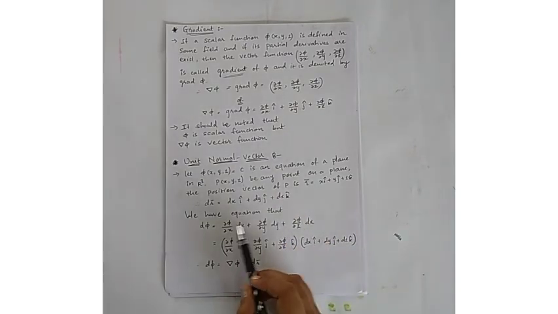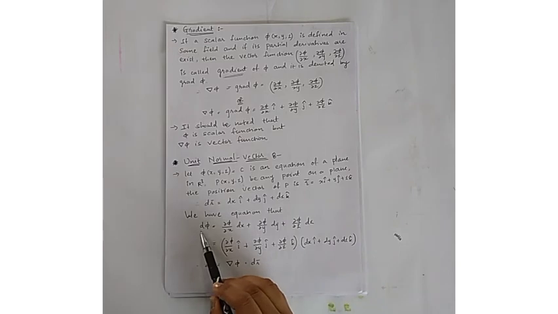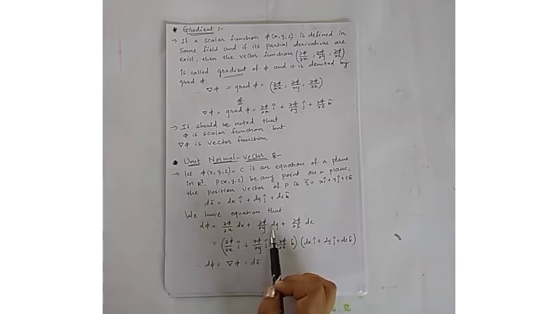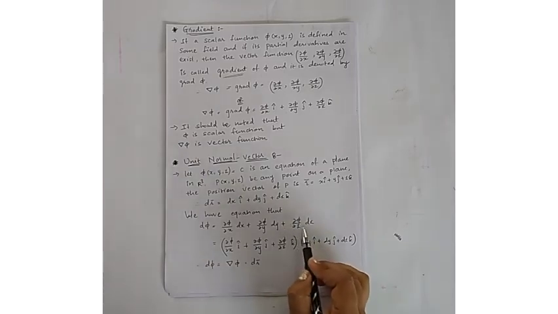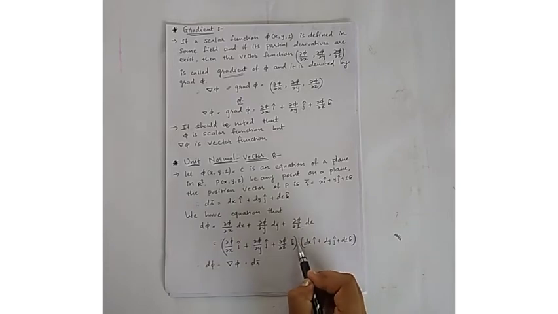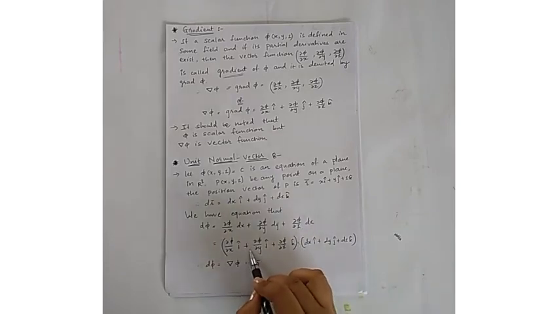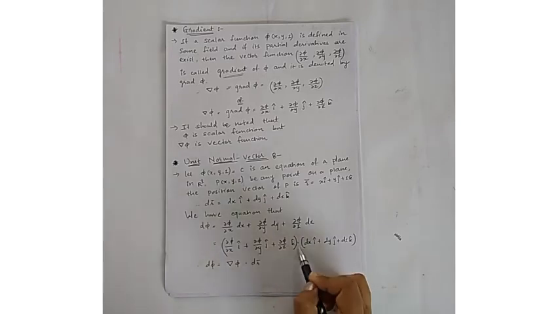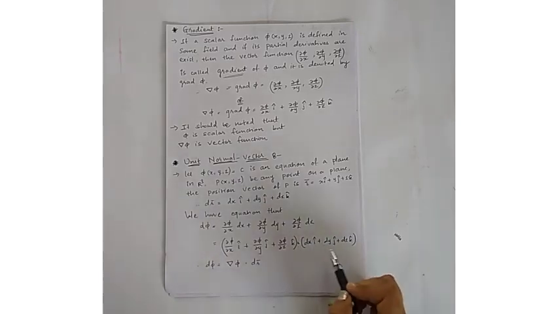So we have the equation of differentiation. The differentiation is del phi by del x into dx plus del phi by del y into dy plus del phi by del z into dz. This is the dot product of del phi by del x i caret plus del phi by del y j caret plus del phi by del z k caret, with the vector dx i caret plus dy j caret plus dz k caret.